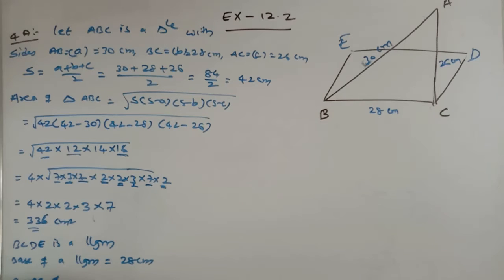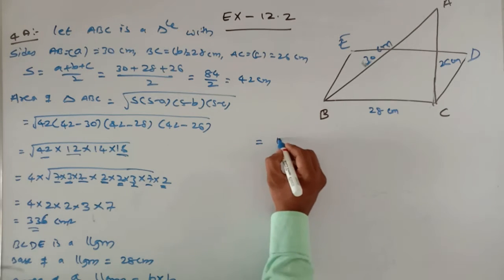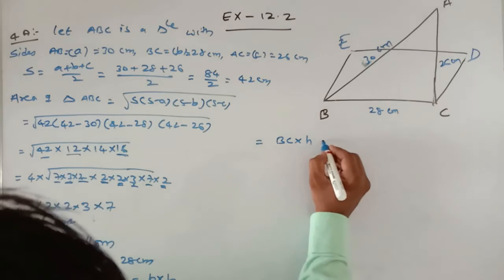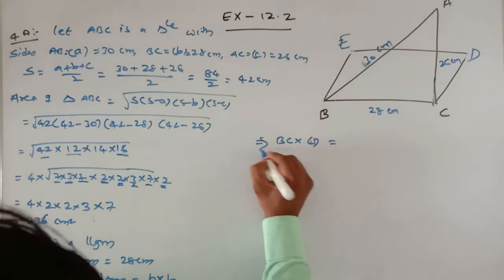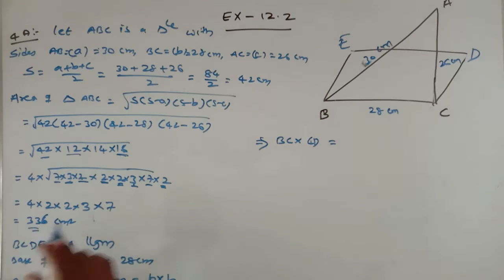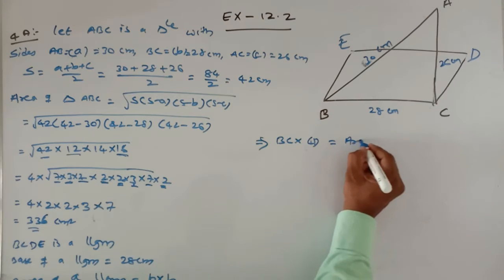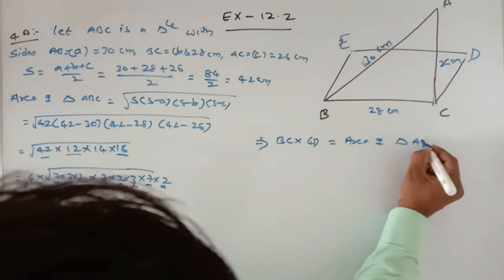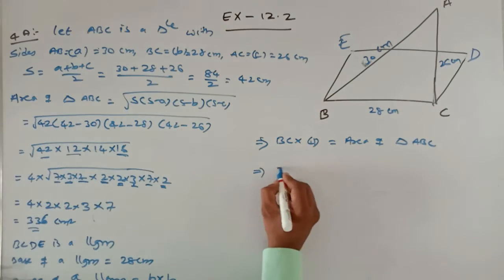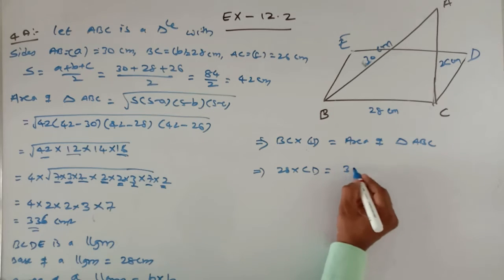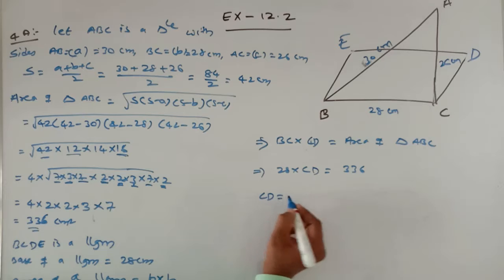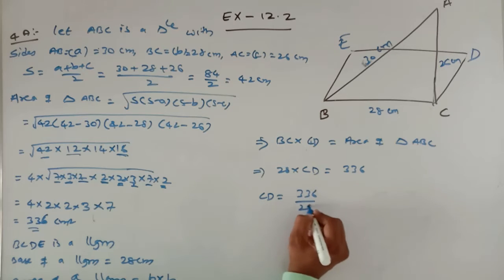The area of a parallelogram is equal to base into height. So the base is BC, into H, where I don't know H, that is CD. This is equal to the area of triangle ABC. So BC is 28, into CD is equal to 336. Now CD is equal to 336 by 28.